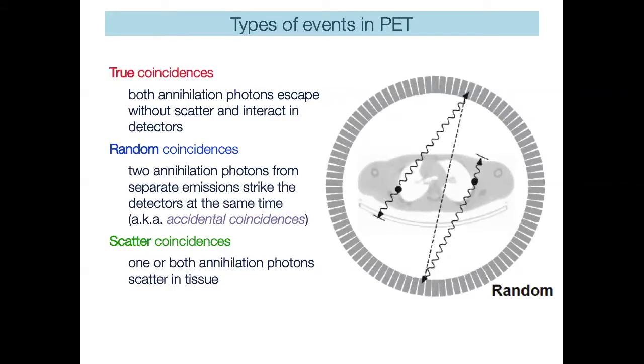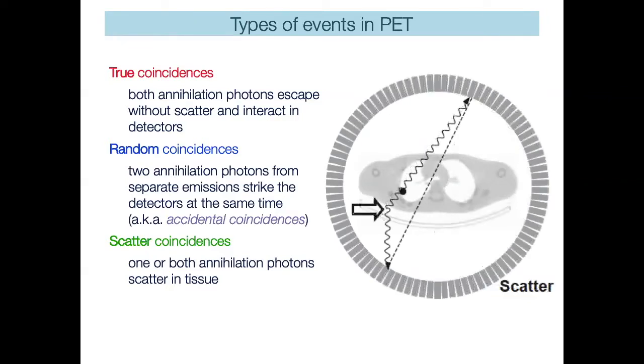And finally, there are also scatter coincidences, in which case you have 2 photons that get emitted, but one or both of them are scattered a little bit because they interact with tissue. And so the true line of response is a little bit altered. And again, this leads to events that are being wrongly attributed to a wrong position in the body.